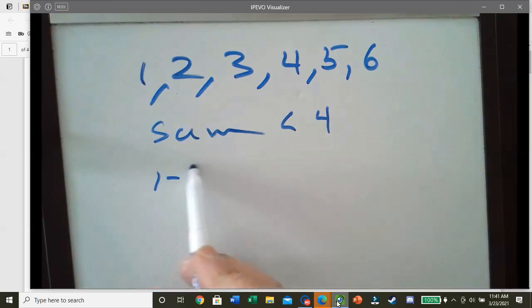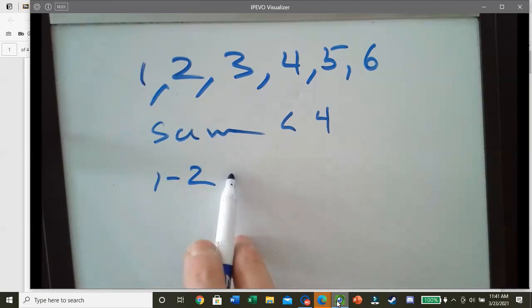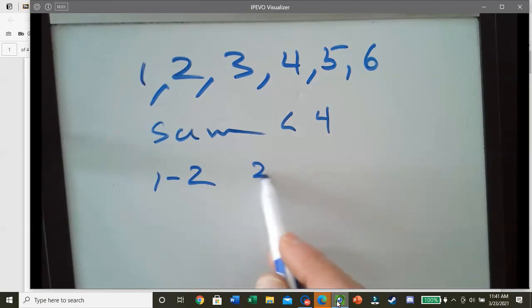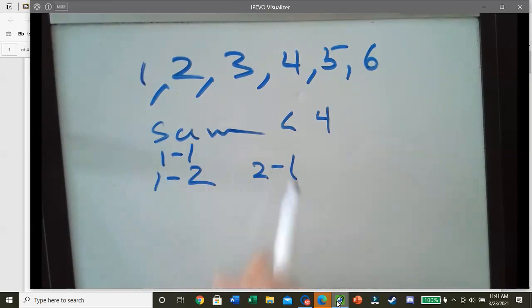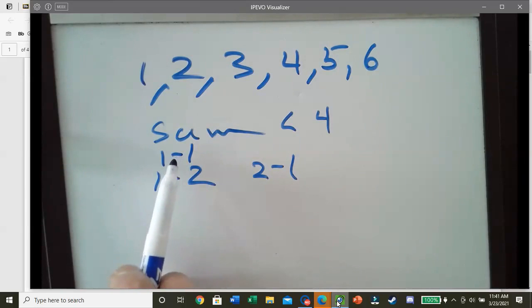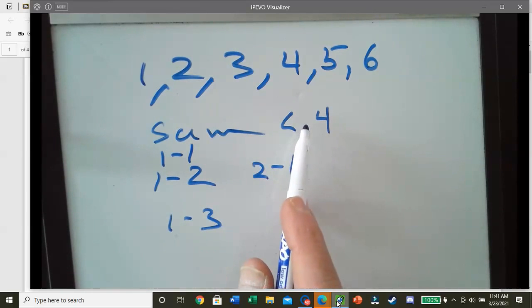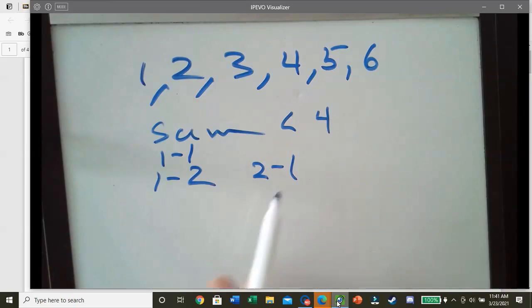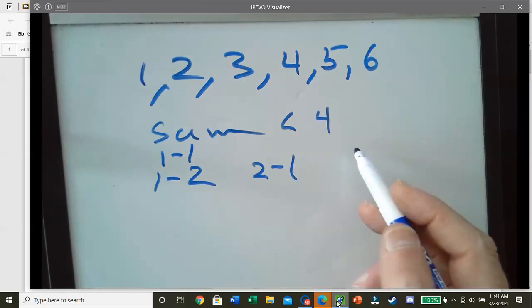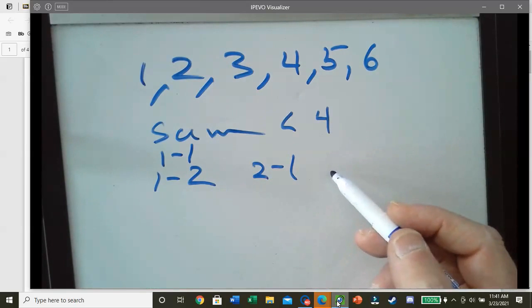So you can have a 1 and a 2, right? Because that adds up to 3. Or a 2 and a 1. And you can have a 1 and a 1, because that only adds up to 2. But you can't go any more than that, because if you did 1 and 3, that's 4. And you need something less than 4. So anything higher than 1 and 2 or 2 and 1 is too high. So that gives you how many different ways to roll a number less than 4.